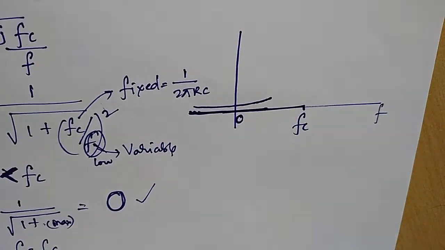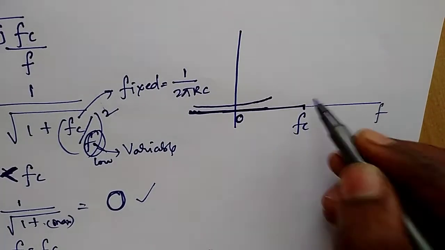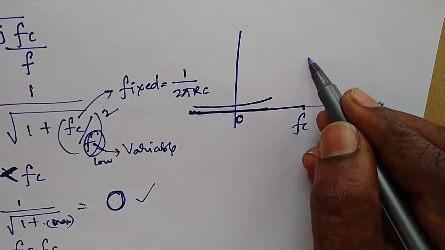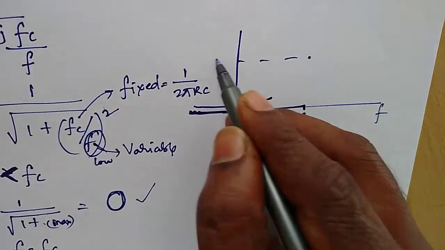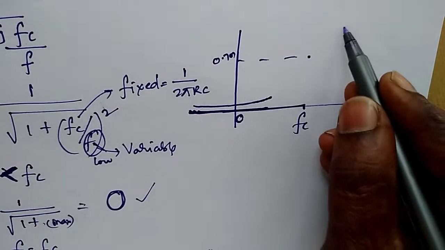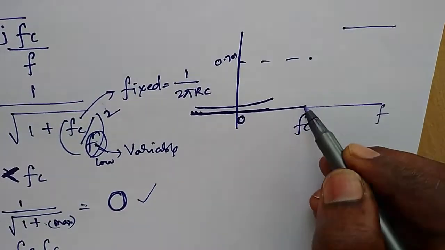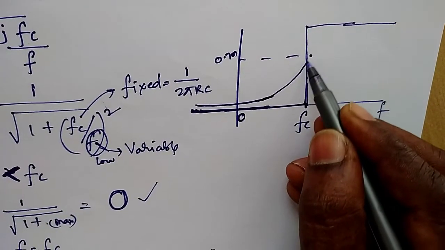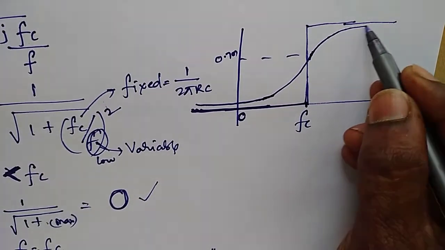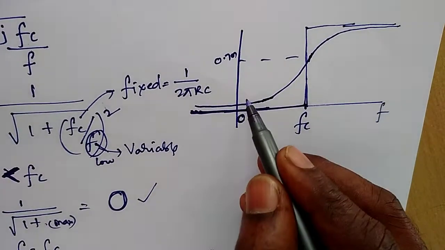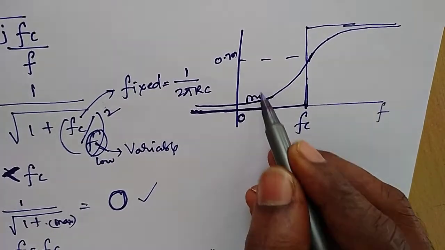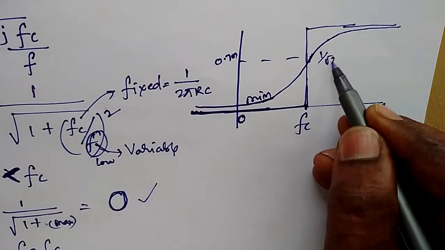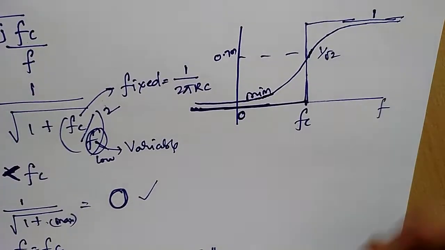Okay, next step, at a certain level you are getting the value 0.707 and the final value is 1. So that is the general theoretical expression, and in the practical expression we have minimum to maximum, where this one is 1 by root 2, this one is 1, like that you can take it.